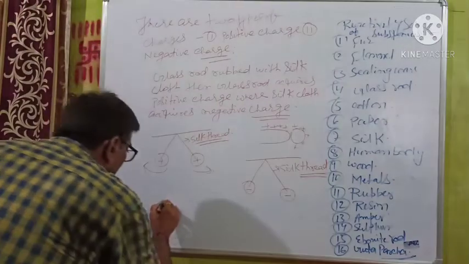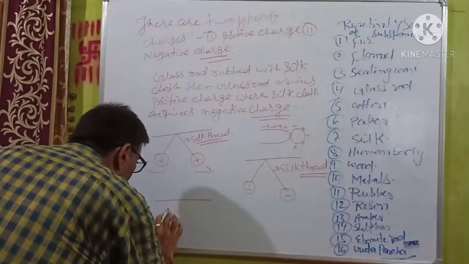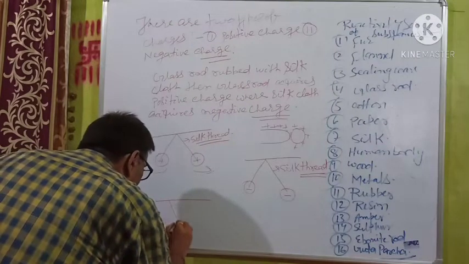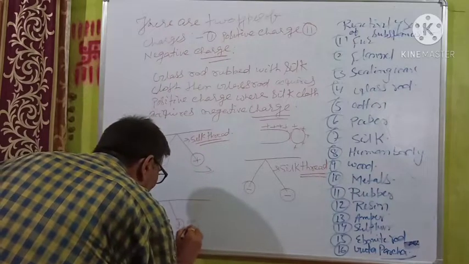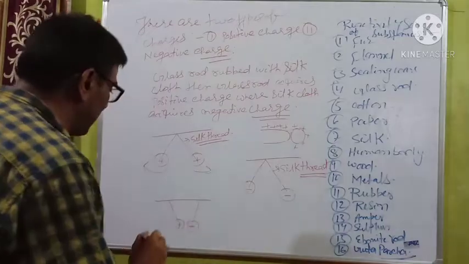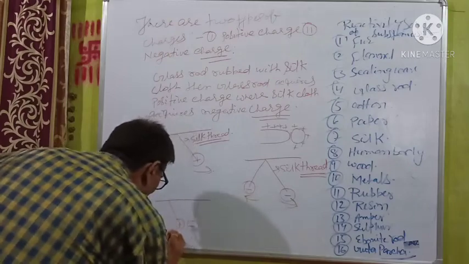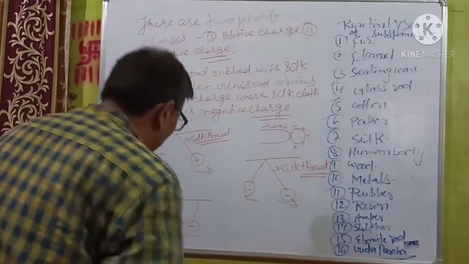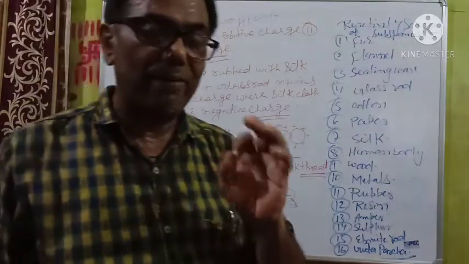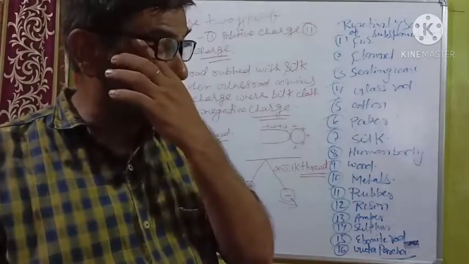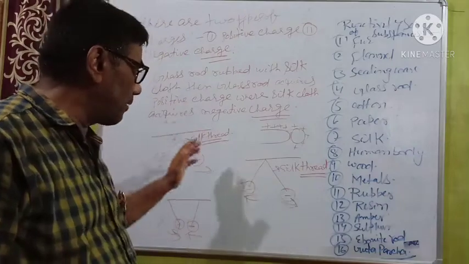When we take one pith ball with positive charge and the other with negative charge, they attract each other, whereas earlier there was repulsion. So there are only two types of charges present in every substance. This was verified by a scientist from France, and due to this we have explained the charge.